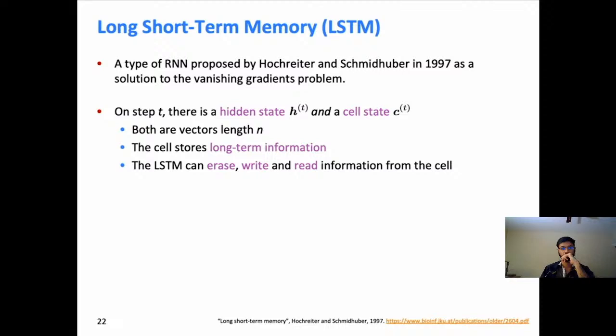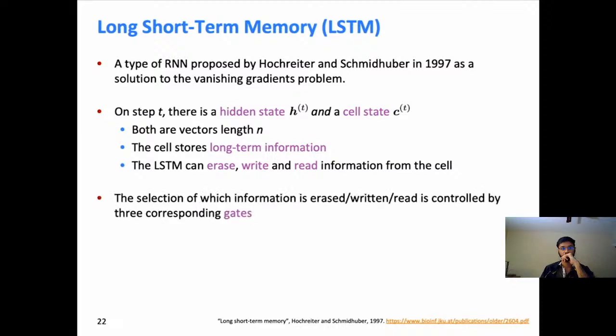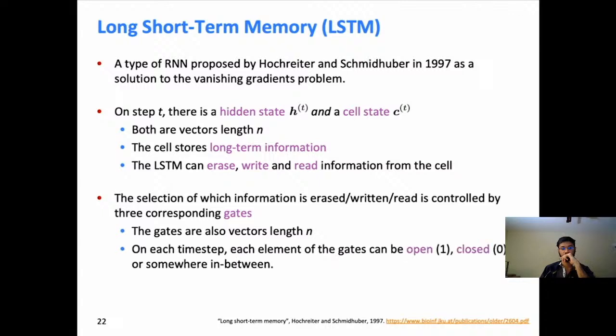Another super important thing is that the way the LSTM decides whether it wants to erase, write, or read information, and how much and which information, is all controlled by gates. The gates are themselves also vectors of length n. On each time step, each element of these gates is somewhere between 0 and 1. Here, 1 represents an open gate, 0 represents a closed gate, and you can have values anywhere in between.